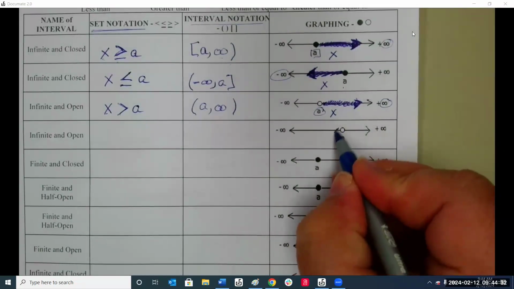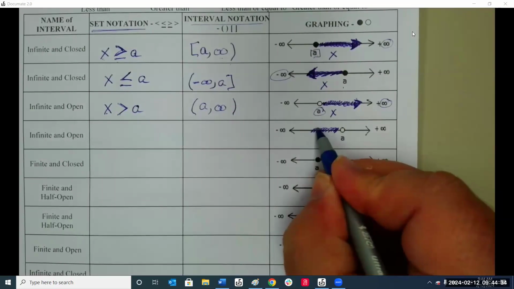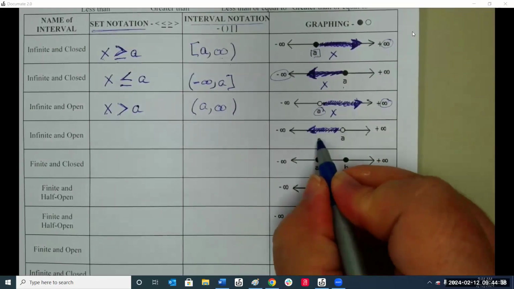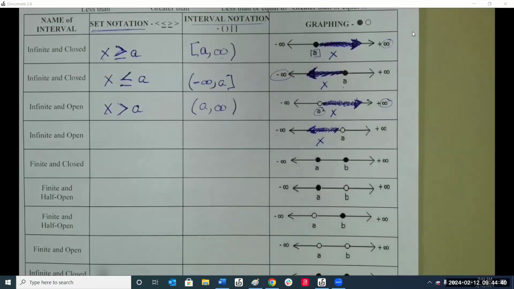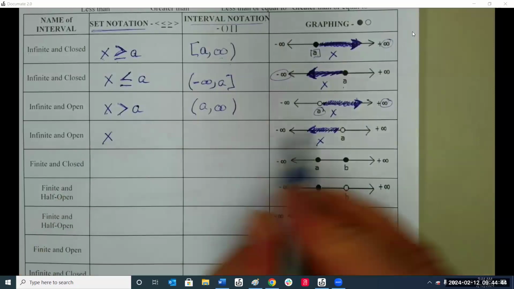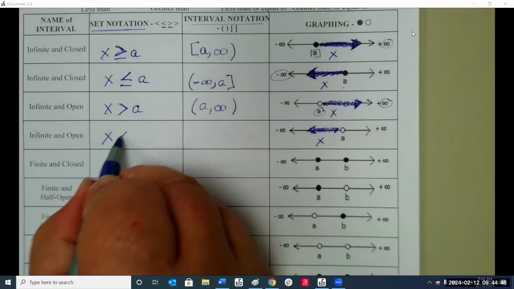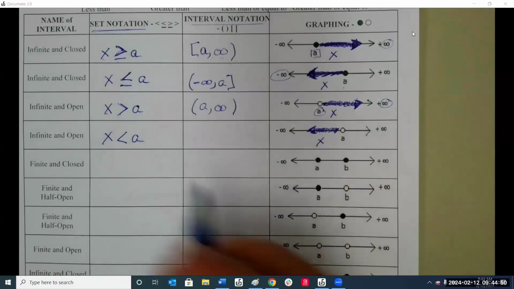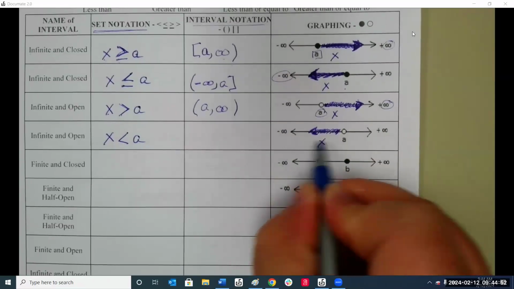And this one here. These are my x's. So I start with x. The arrow is going to the left. And there's a. x is less than a. So what's the smallest number?